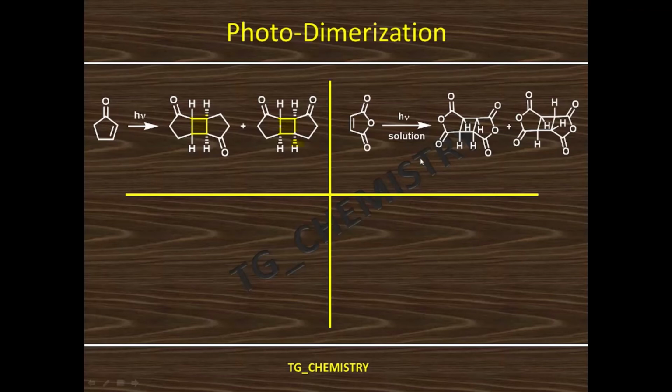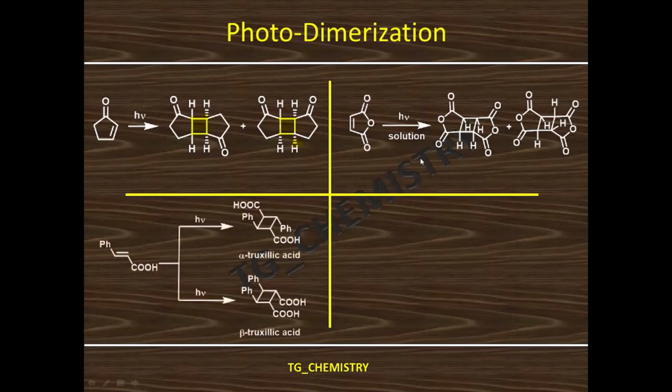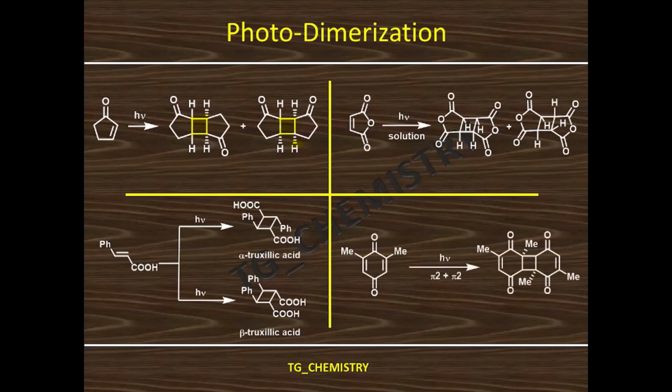This is another example. The third example is from trans-cinnamic acid. It can undergo the photochemical reaction to produce alpha-truxillic acid and beta-truxillic acid. These are another example of dimerization reaction. The fourth one is from the dienone system, the dimethyl substituted dienone system.